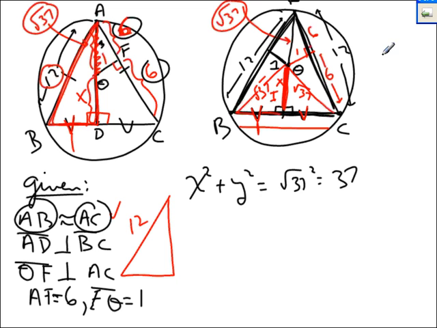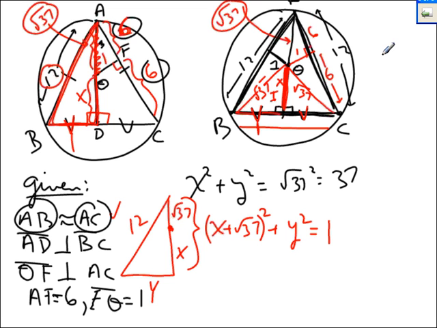So this whole side will be x plus square root of 37. And when we square it and add on y squared, we should get 12 squared.